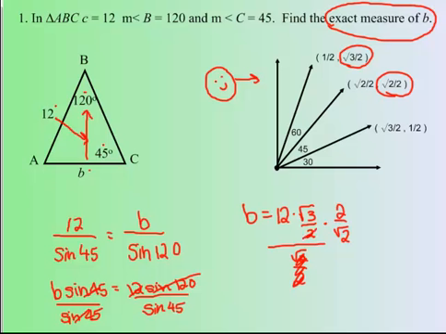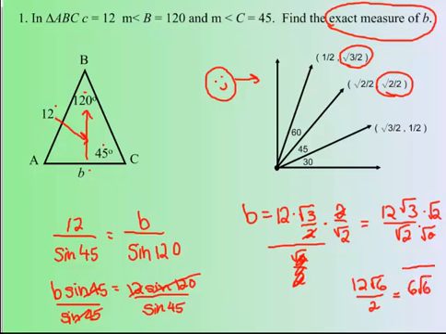The 2's are going to cancel out, which gives me 12 radical 3 over radical 2. I have to rationalize. Now we're just doing algebra. We're done with law of sines. So I get 12 radical 6 over 2. So my answer is 6 radical 6. That is my exact answer.